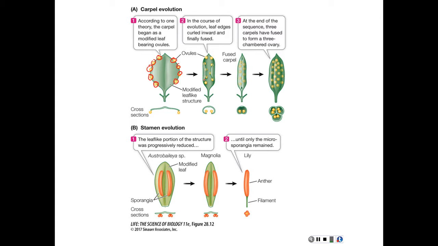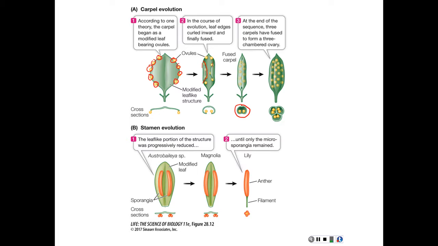And some leaves perhaps folded in a little bit more than other leaves. And this protected the ovules a little bit better, so they had a higher chance of survival.